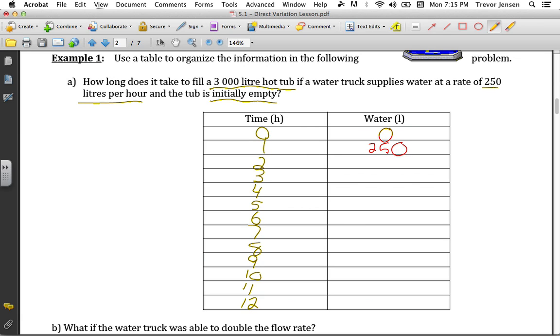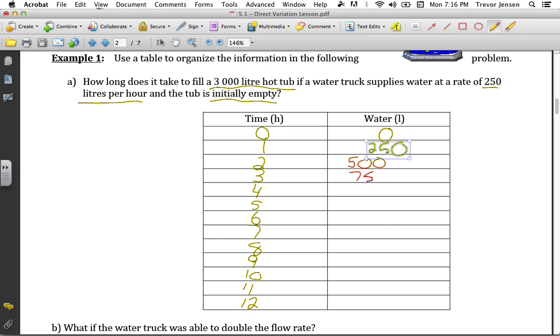And then after 2 hours, so after another hour passes, it's going to get another 250 liters because it supplies this water at a constant rate of 250 liters per hour. So after another hour passes, it'll have another 250 liters added in, so it'll now be at 500 liters. And then it'll keep adding 250 liters every hour.